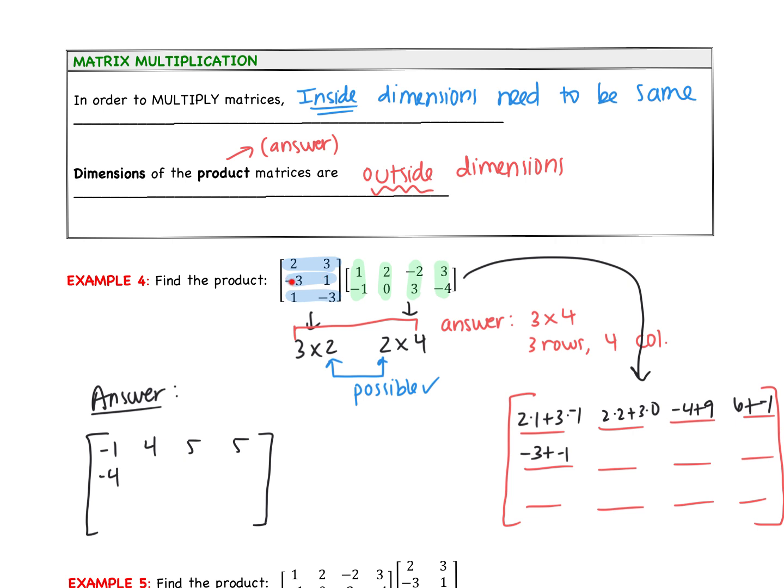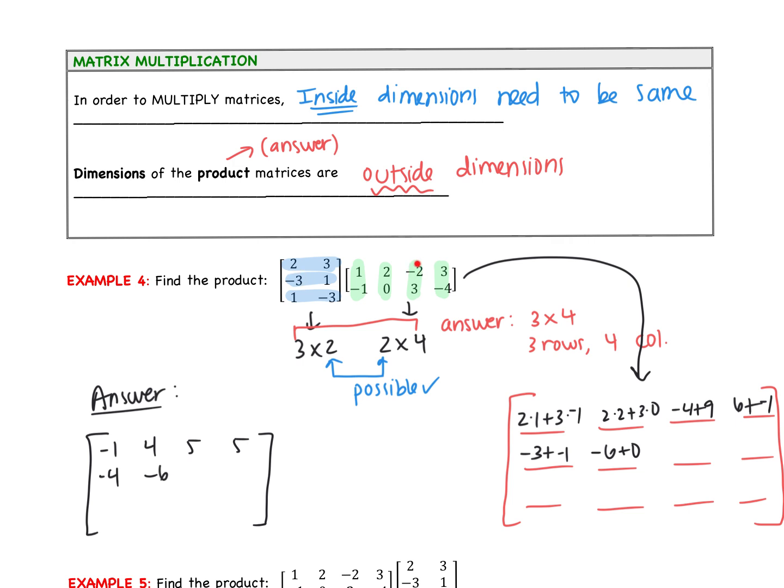Then we're going to do that same row by the next column, -3 multiplied by 2, and 1 multiplied by 0. So -3 times 2 is -6, 1 multiplied by 0 is 0. When I add, it gives me an element of -6. Okay, so we're going to go again. Second row, next column.